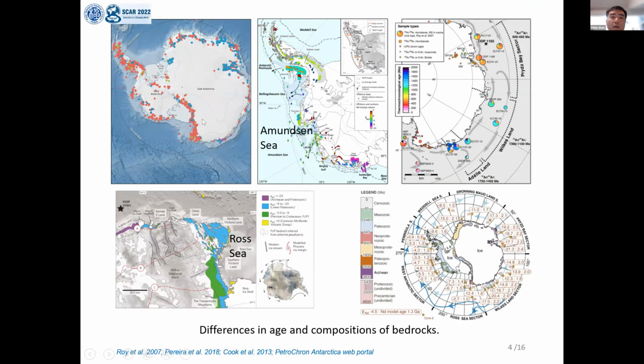This figure shows the case studies currently around Antarctic about the outcrops and the differences in the isotopic composition around Antarctic. For example, for the neodymium isotopic composition, the West Antarctic are characterized by positive values, and the East Antarctic are characterized by negative values.